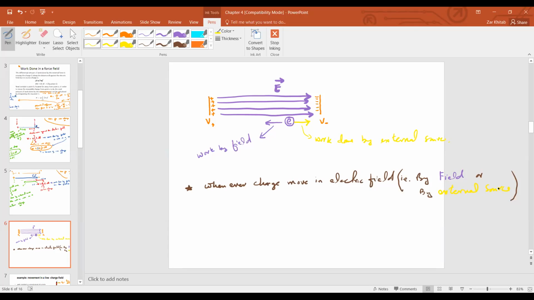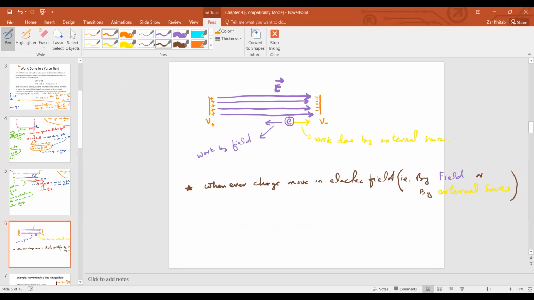So whenever charge moves in the electric field, you have two possibilities. Either it is moved by the field or it is moved by the external source against the electric field. You have two sources for the work done.